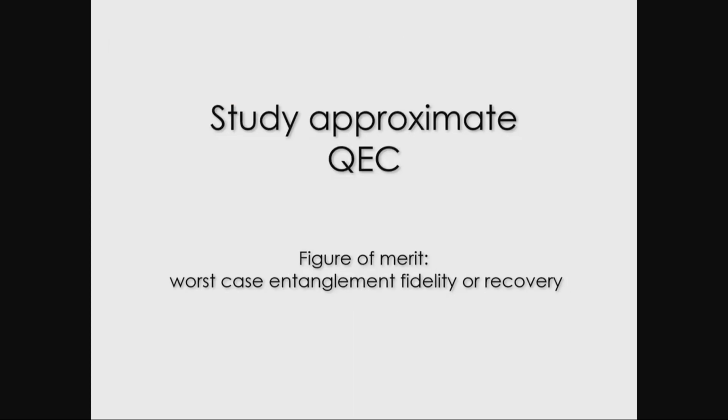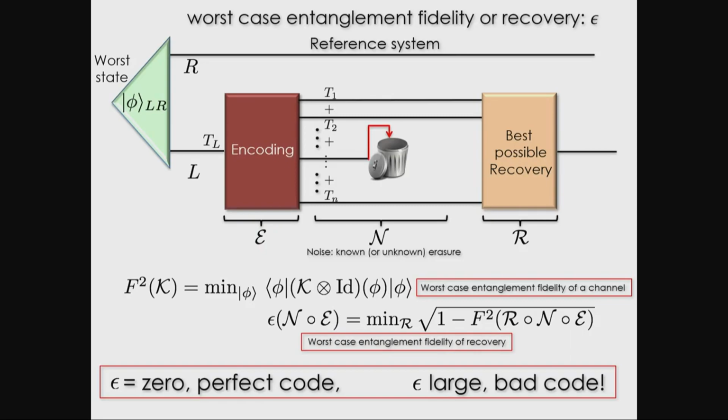And we're going to build on this intuition and study approximate quantum error correction. And our figure of merit here for measuring how good codes can operate is the worst-case entanglement fidelity of recovery. And basically it works like this. You have the encoding, and you have the erasure happening, and then you choose the best possible recovery.